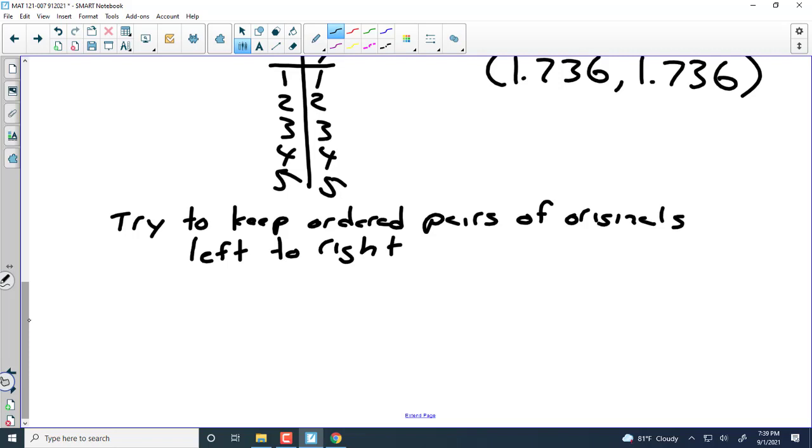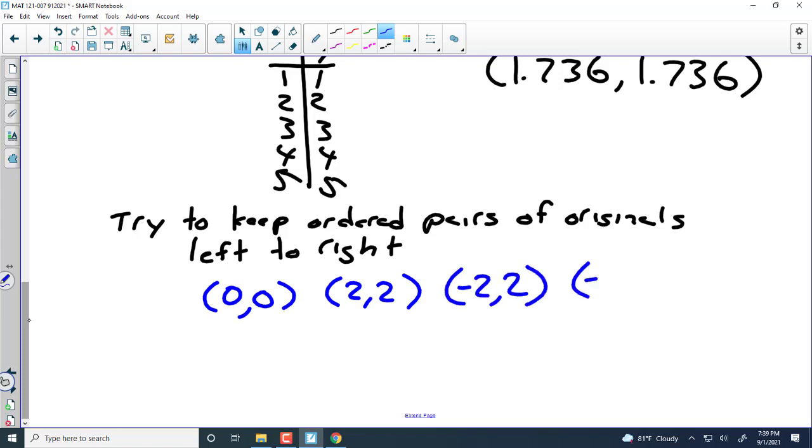For the absolute value function, it is not wrong to say these are the ordered pairs on the absolute value function. Because I absolutely do think that those are 5 ordered pairs on the absolute value function. But if you plot those, you're going to be all over the place. And you might still get a right answer. You might do just fine. What I'm talking about right now is not the difference between right and wrong.